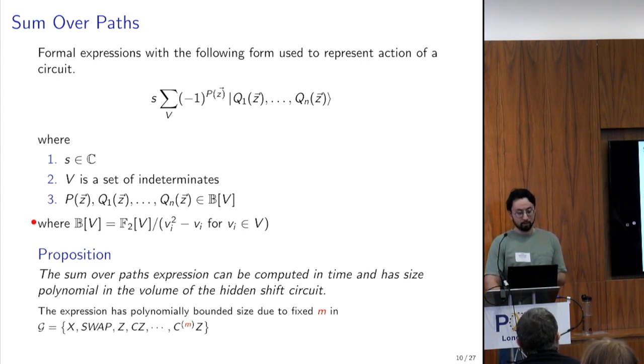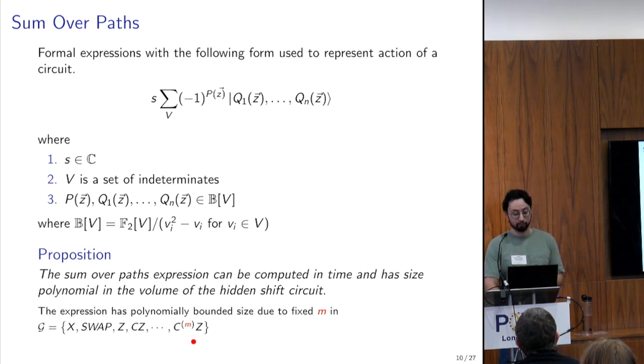And so we come to a proposition that over our gate set, we can compute the sum over paths expressions in polynomial time, and the expressions themselves have polynomial size. By polynomial, I mean in the volume of the hidden shift circuit. And actually, we can read this as the size, the number of gates in the hidden shift circuit, because each qubit has at least one gate acting on it.